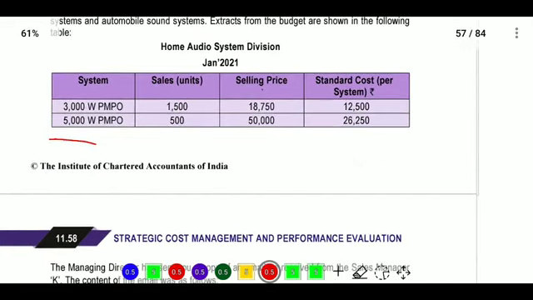So 18,750 minus 12,500 gives 6,250, which will be the margin. And for the other, 500 sales units, selling price will be 50,000 and standard cost will be 26,250.